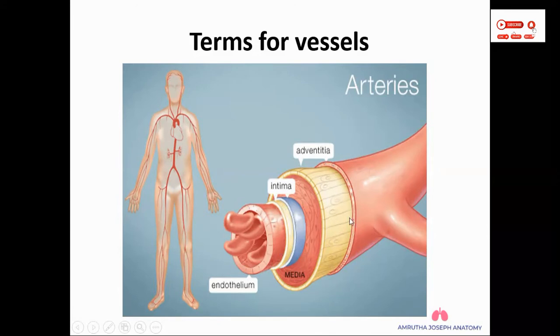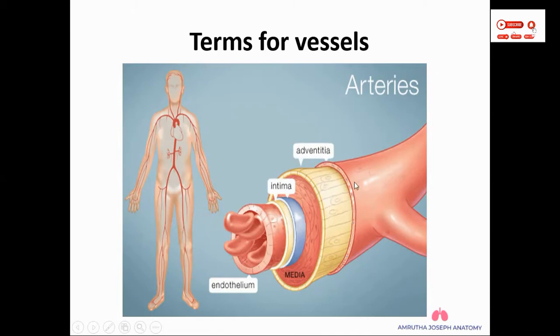These are the three layers of your vessel. You can see the heart here, and the arteries can be seen here. Inside a vessel, you can see the RBCs, which are placed here. Let's see this in detail.